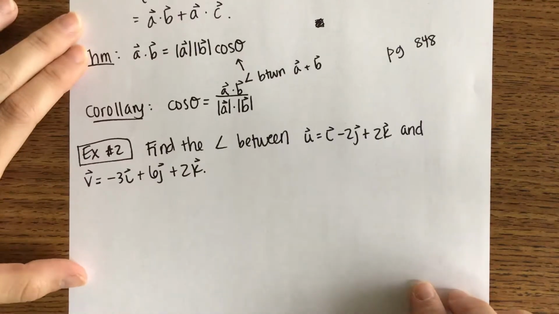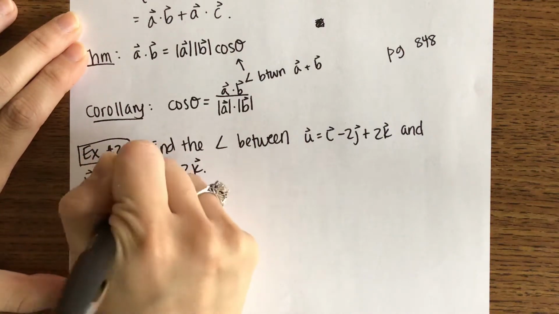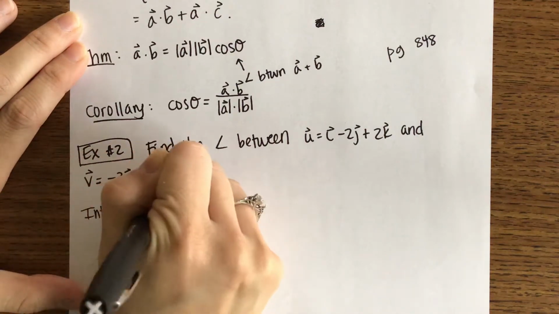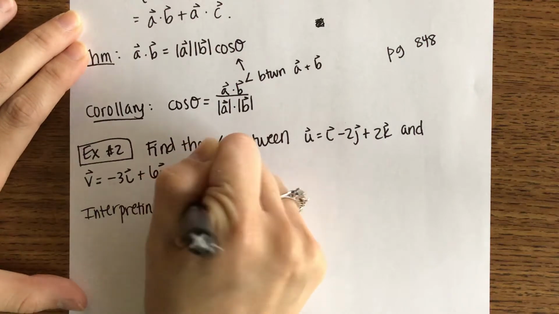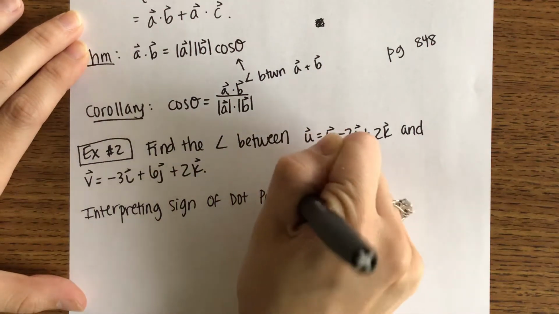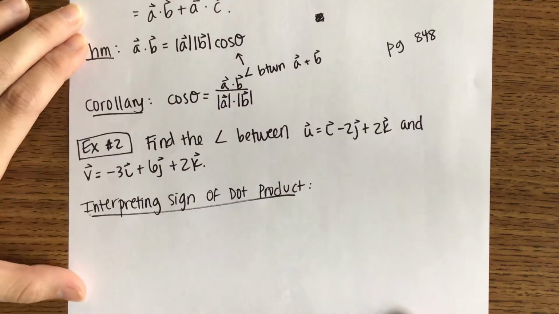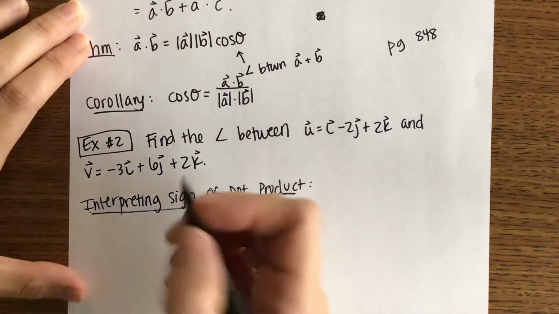Okay, next thing that we need to talk about is interpreting the sign of the dot product. So the first example we did, we ended up with a positive dot product. The second example, you ended up with a negative dot product, so it is possible to have a negative dot product.